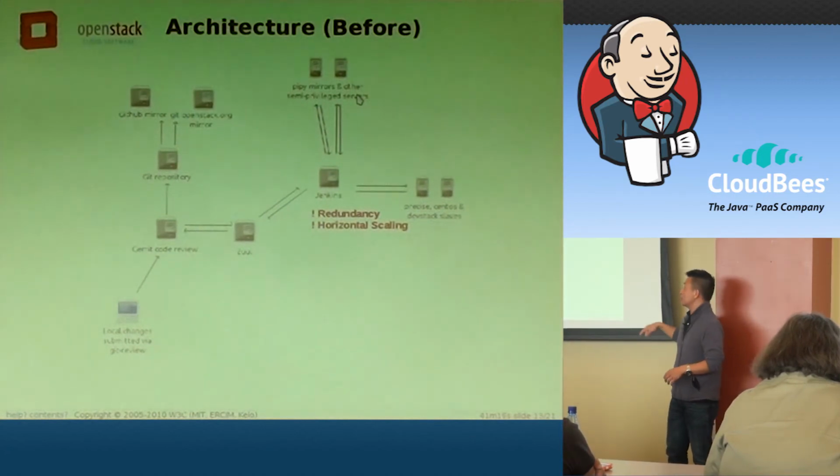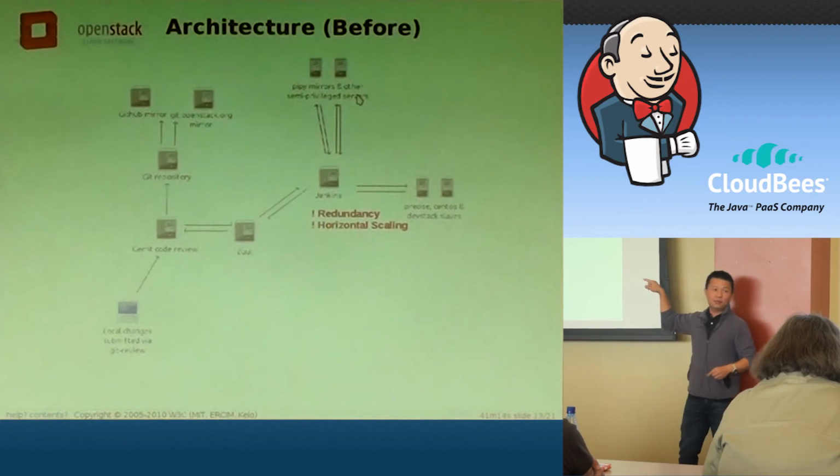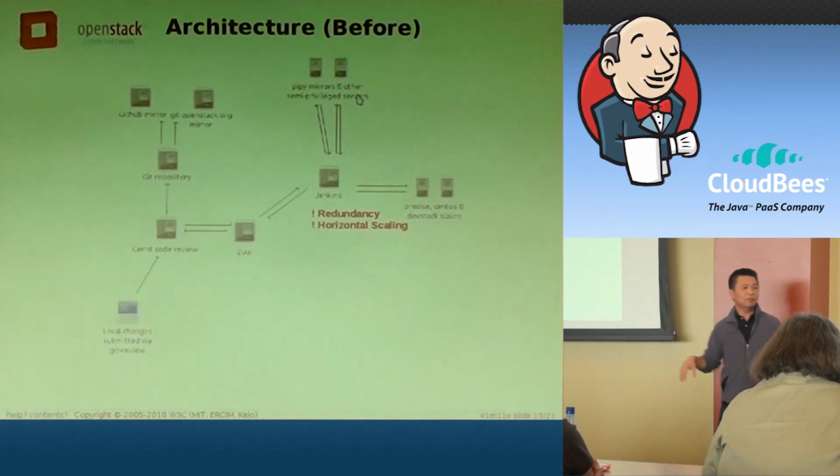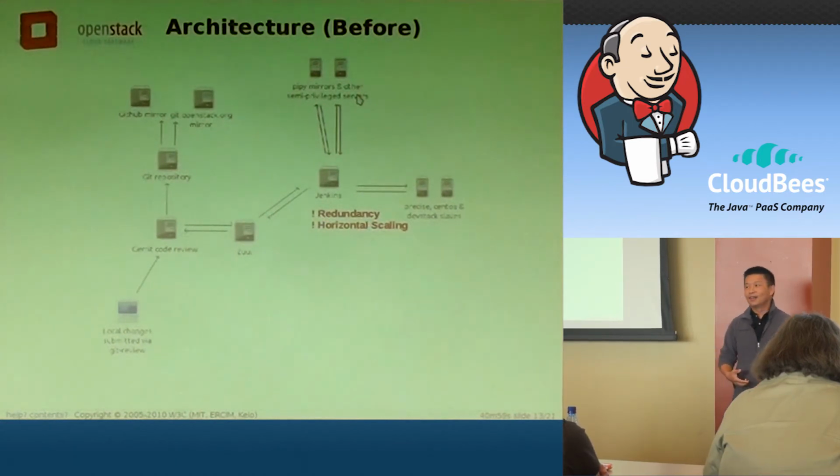The other problem we noticed is, obviously, you can see the redundancy problem. I don't know about you guys, but every time I install a plugin, I'll probably have to restart Jenkins a couple times, right?